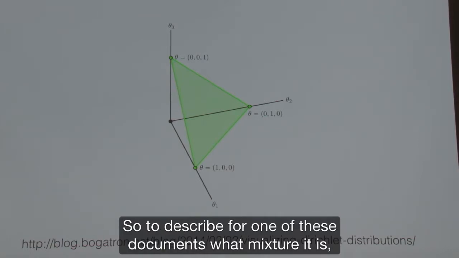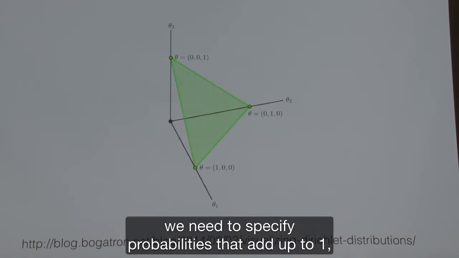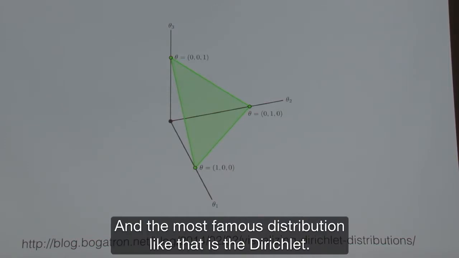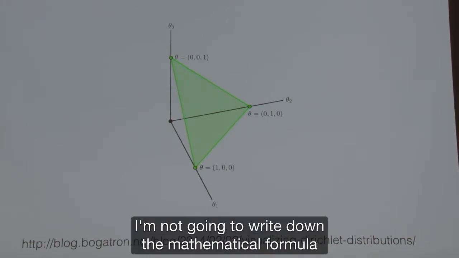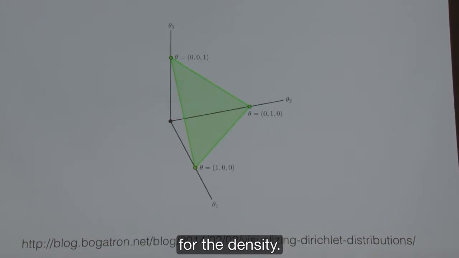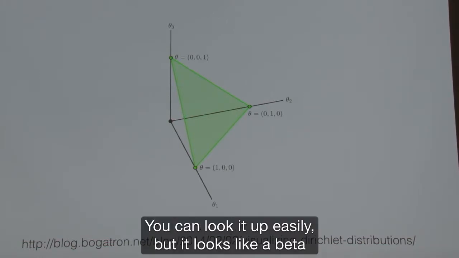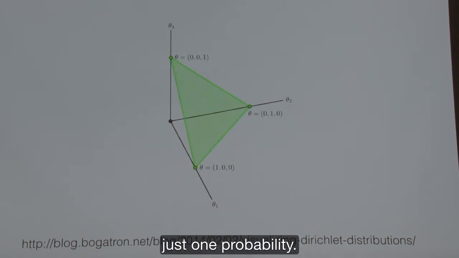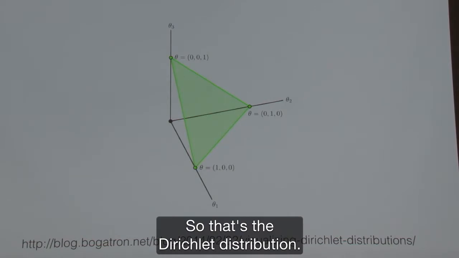So to describe for one of these documents what mixture it is, we need to specify probabilities that add up to 1, okay? And so we need a distribution for those, and the most famous distribution like that is the Dirichlet, and it's analogous. I'm not going to write down the mathematical formula for the density. You can look it up easily, but it looks like a beta, except you have more terms because it's not just one probability. So that's the Dirichlet distribution.